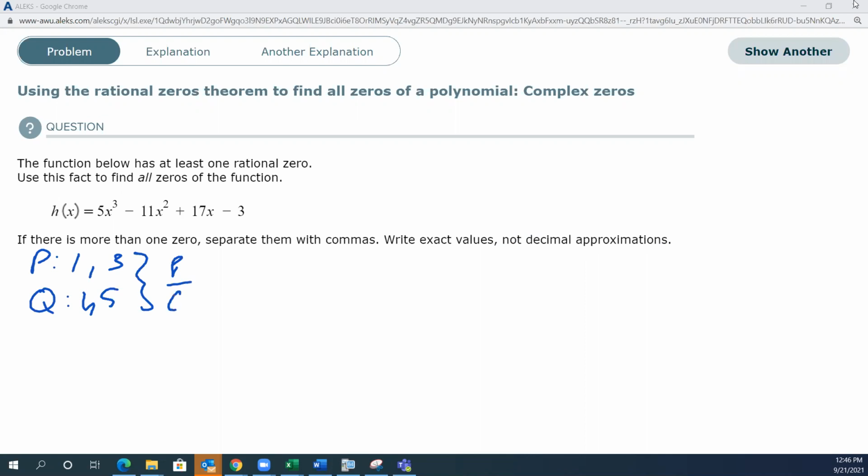So our p over q numbers are going to be plus or minus 1, plus or minus a 5th, plus or minus 3 over 1, plus or minus 3 over 5. Now we'll plug the function into the calculator, see which of these make the function equal 0.